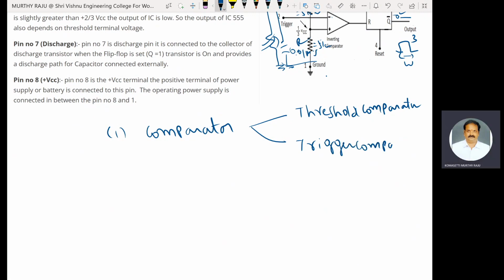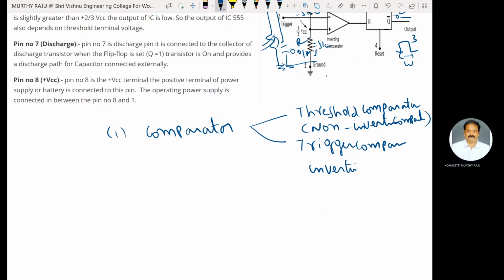The threshold comparator is called a non-inverting comparator, and the trigger comparator is called an inverting comparator. Second one is the SR flip-flop.